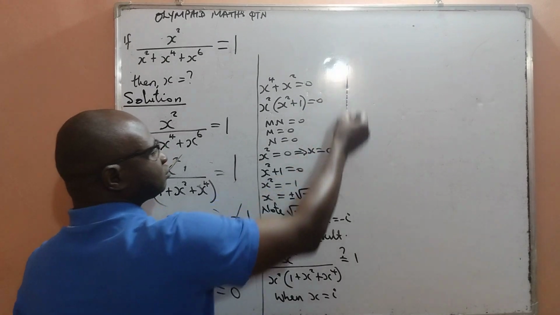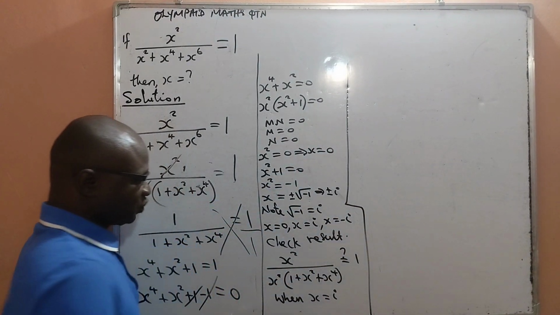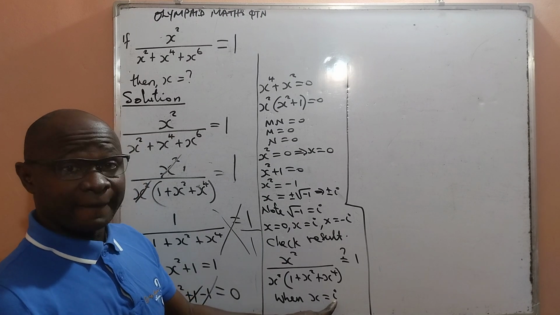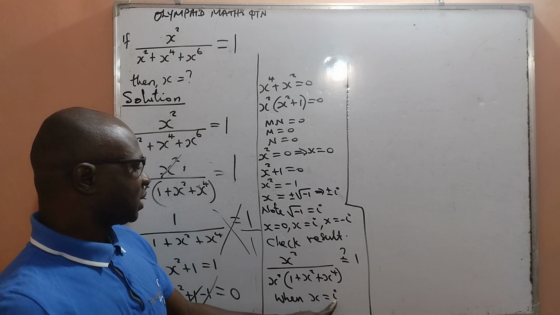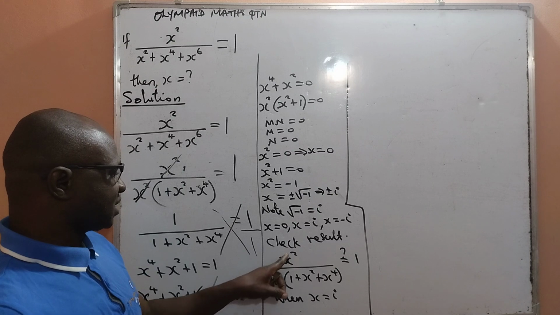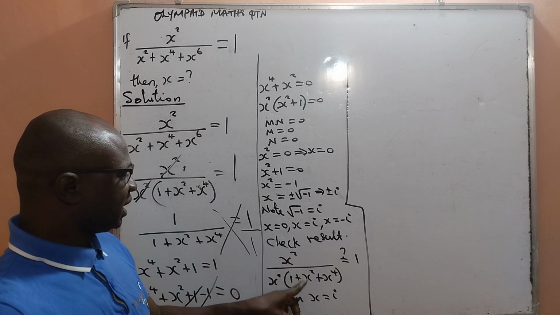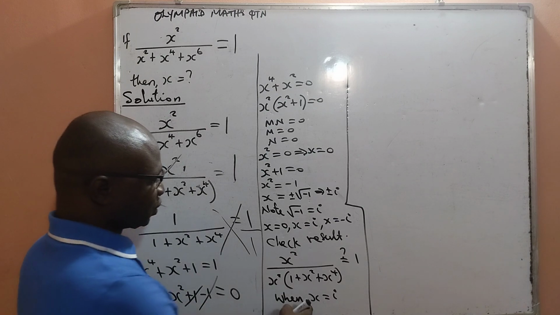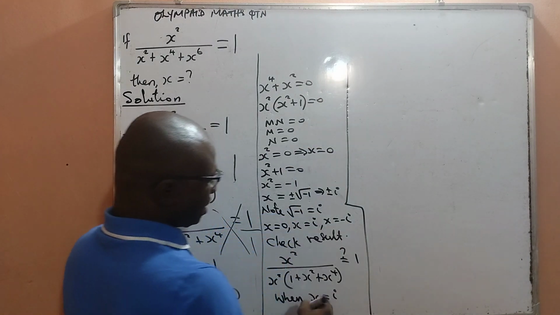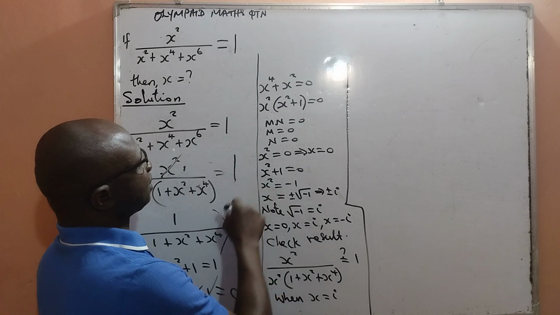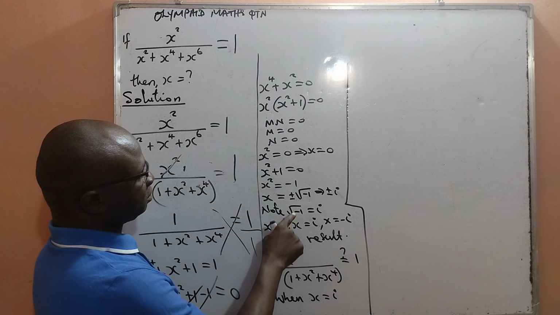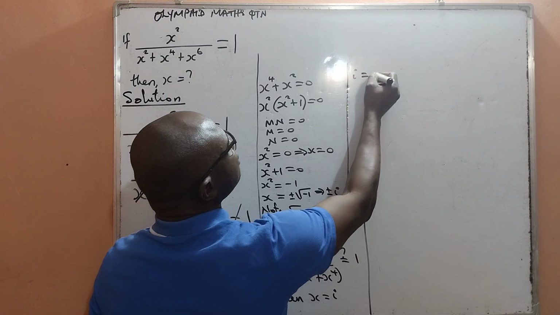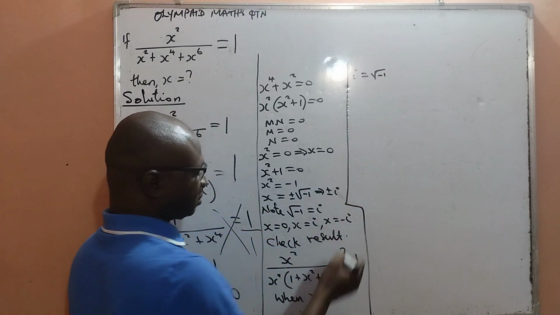Now, this means that if x is equal to i, then, but here is x squared, I have to find what x squared will be. So, I have already known from here that i is equal to square root of -1.